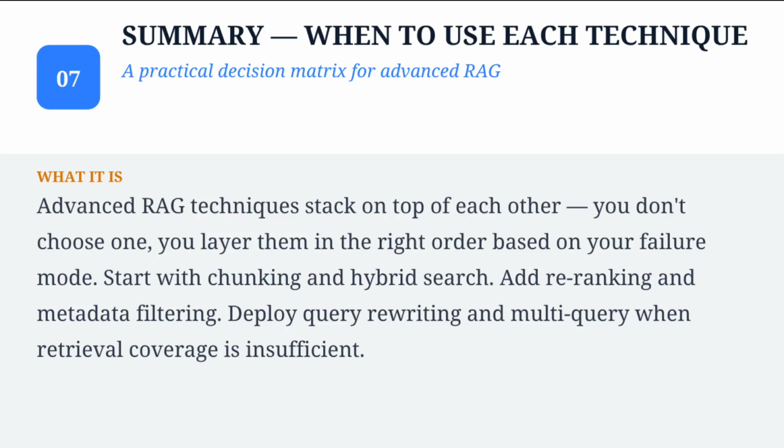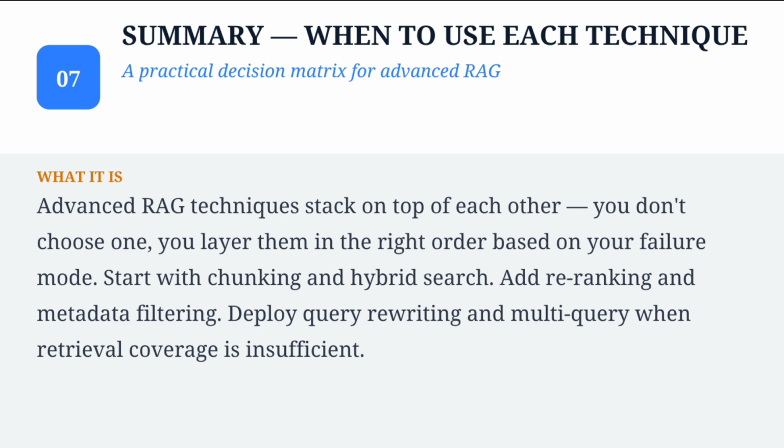So those are the 6 techniques. But here is the most important thing I want you to take away. These are not alternatives. You don't pick one. You use them together, and the order you apply them matters enormously. Start with chunk size and overlap. This is your foundation. Fix this first.